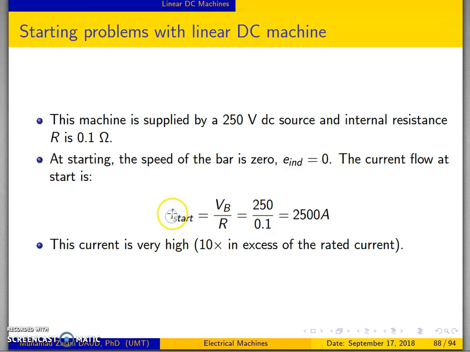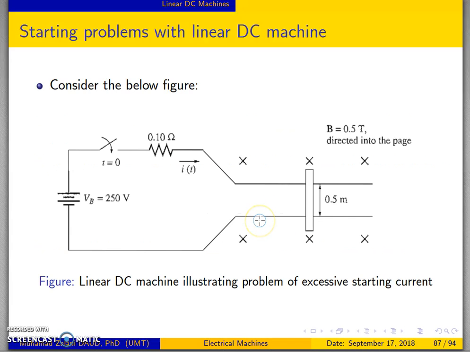I_start, the current flowing at start, we can estimate using this equation: VB, the supply voltage, divided by R. At start, we can see there is a huge amount of current because of the internal resistance.